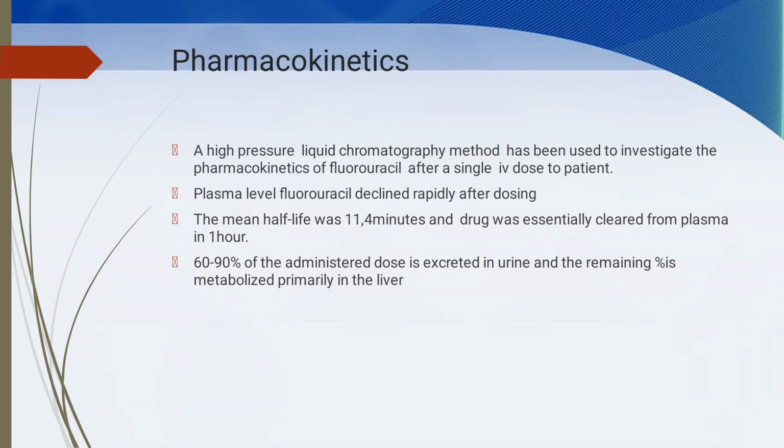Under pharmacokinetics, this is how the drug is excreted from the body. 60 to 90% of the administered dose is excreted in urine, and the remaining percentage is metabolized primarily in the liver.